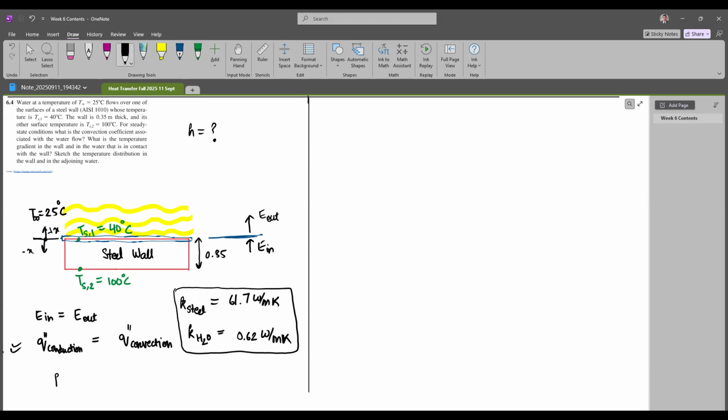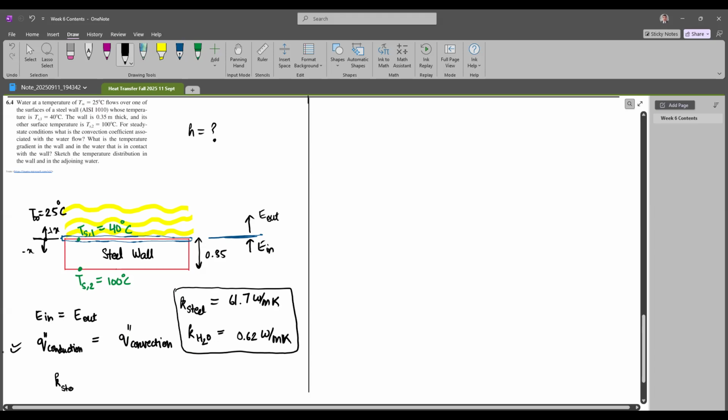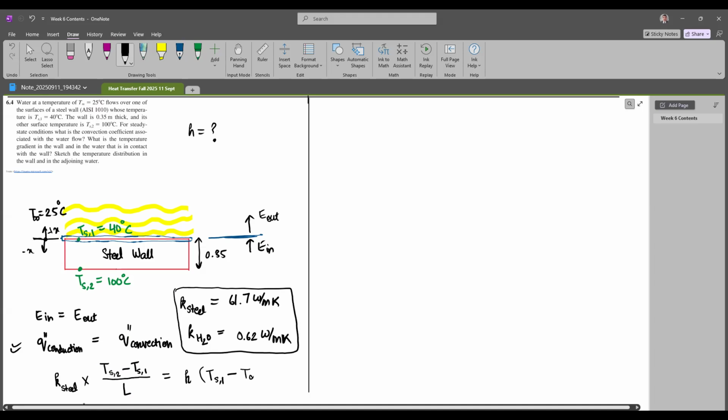It is K of steel. Please be careful here which K we have to use. This conduction which is happening in the steel wall, that is why we are using K steel, times the temperature difference Ts2 minus Ts1 over the length, which is let's call it L, okay, which is 0.35, is equal to the heat transfer coefficient times Ts1 minus T infinity, right?